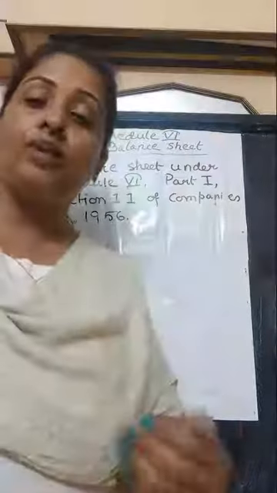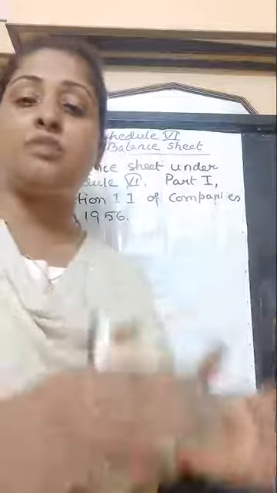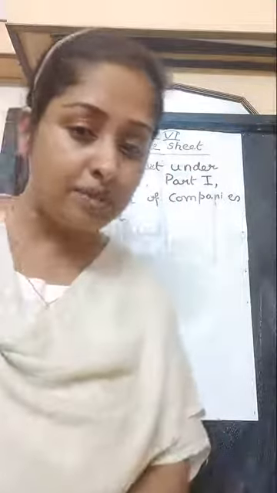This is what we have to do in the Schedule 6 balance sheet. So items must be identified properly and placed in proper categories. This is what we have to do in this kind of sums.